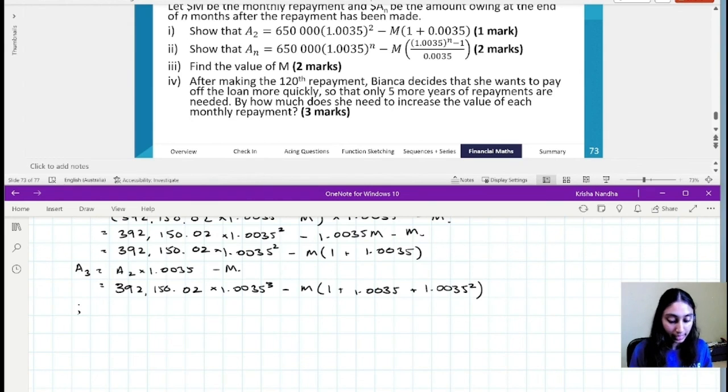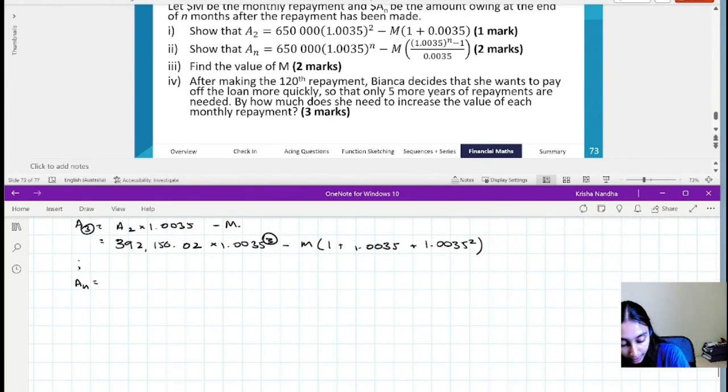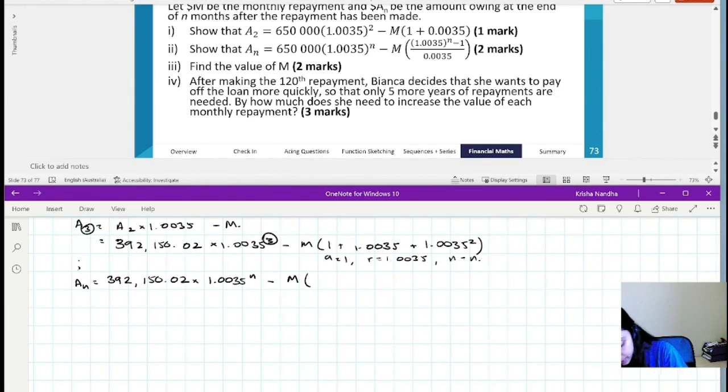Let's take a look at our powers again. When n is equal to 3, our highest power is equal to 3. Same thing happens at 2 and at 1. So for the first part, I can write 392,150.02 times 1.0035 to the power of n, minus M. Over here, we have our a being 1, our r being 1.0035, and just like before, our n is equal to n.